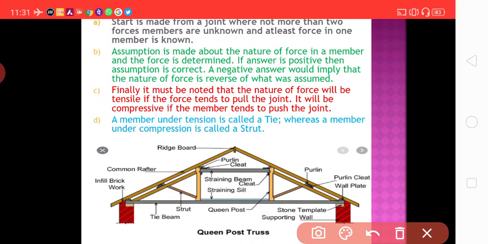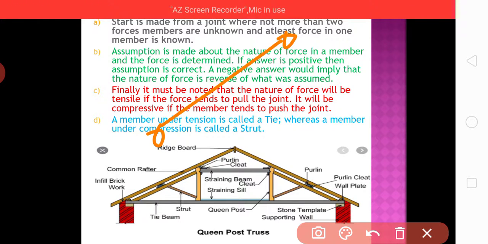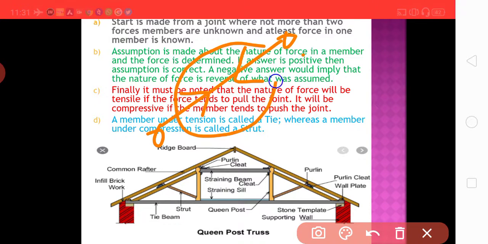Now, if this is the member, these are two joints. A force which is pulling the joint, this force is pulling this joint, and this force, this end will be pulling that. Then this notation inside the member is for tensile force.